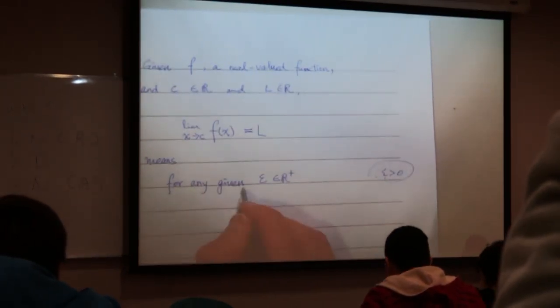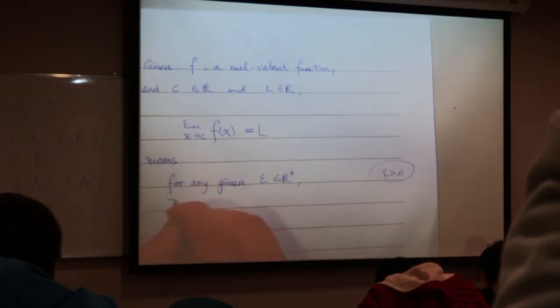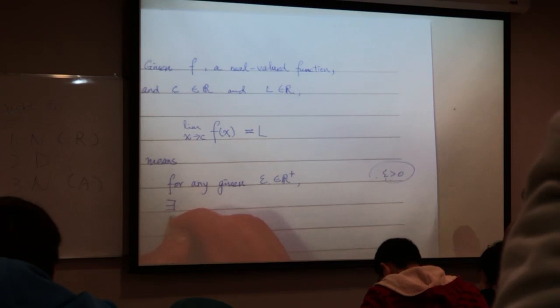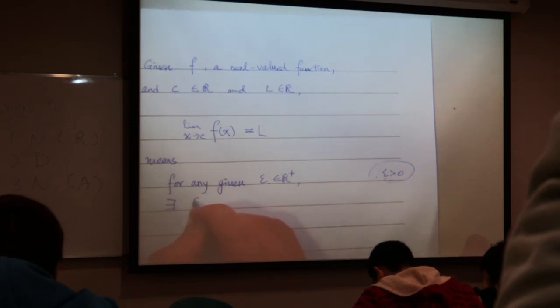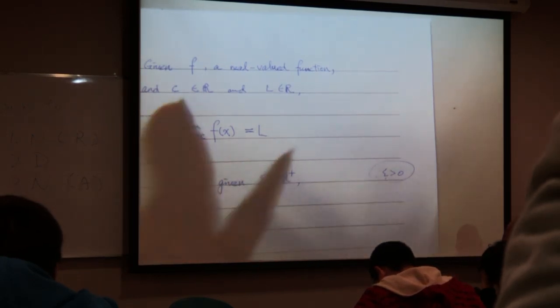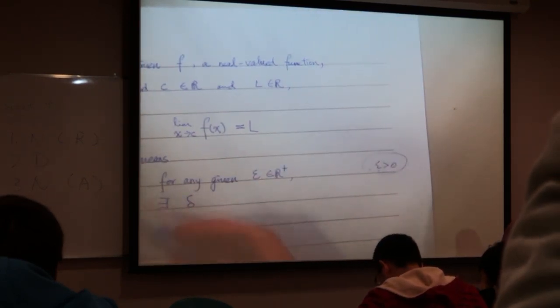Given any positive real number, this symbol means there exists, at least one, another small Greek letter delta, the same as small letter D in English. But all math books use this symbol.